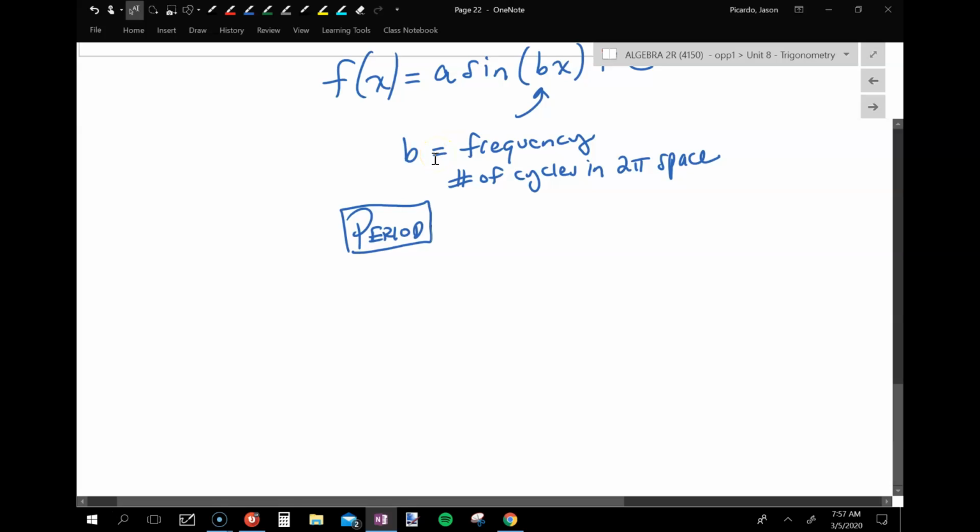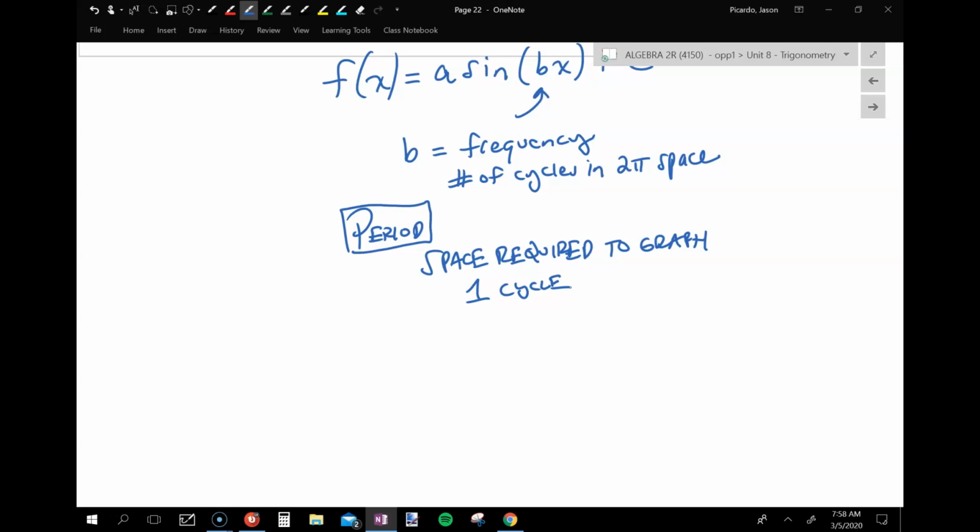The word period, when we're referring to sine and cosine, is going to be the space required to graph one cycle. The space required to graph one cycle.